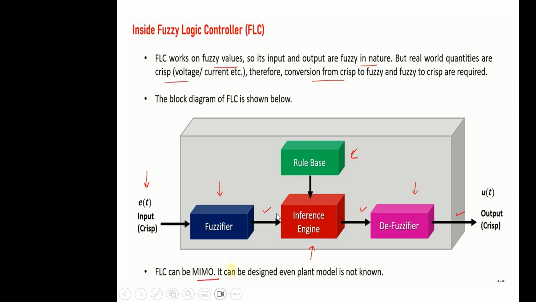Immediately the fuzzy value is available here, the inference engine will capture it, and based on the rules, will work on the fuzzy value made available by the fuzzifier, then come out with the fuzzy value output.